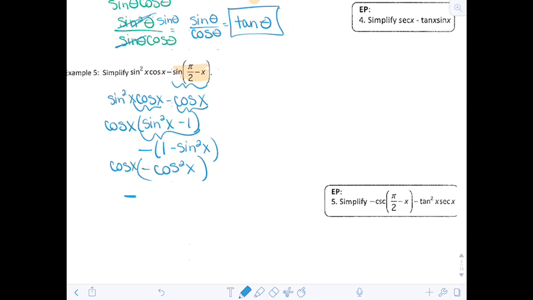So that is going to simplify to the negative cosine cubed of x. All right. So that is simplifying down from sine squared cosine minus sine of pi over 2 minus x to negative cosine cubed of x.